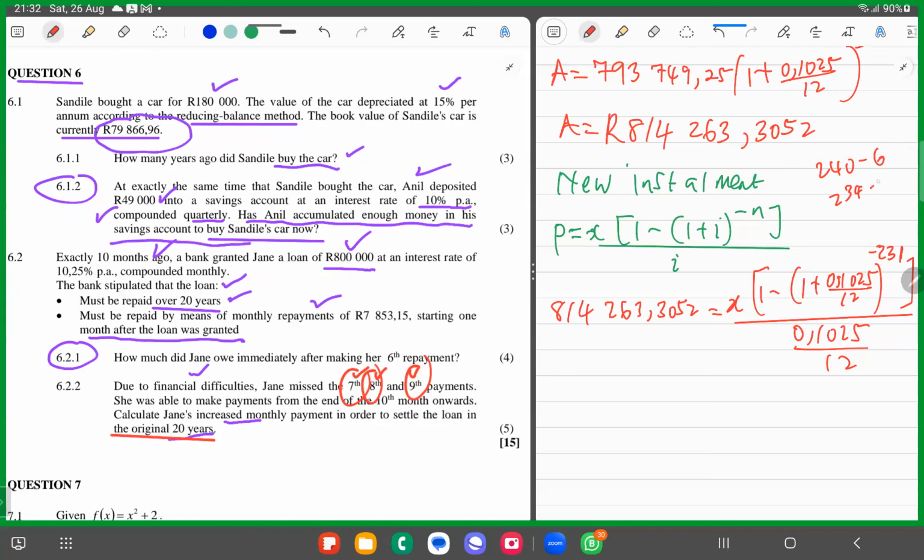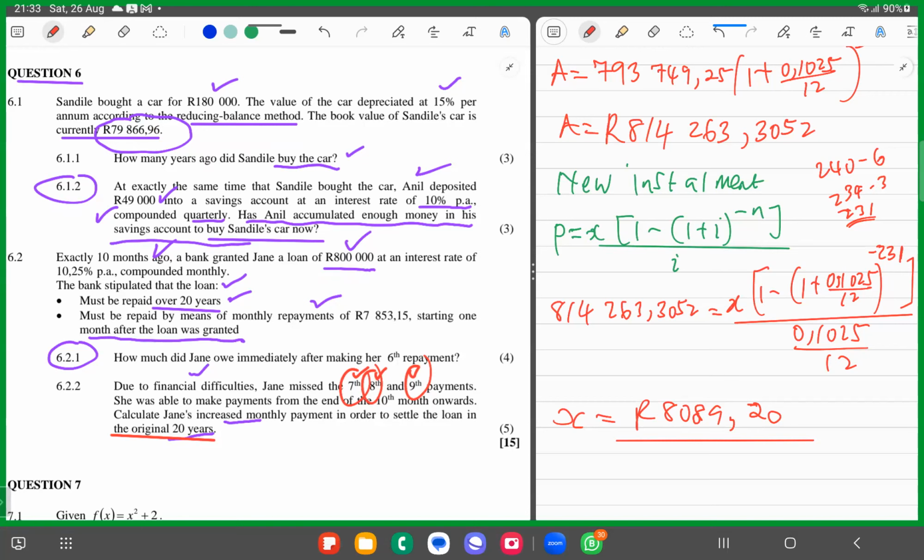And now we have 3 omitted payments, and then it becomes 231, for x, which is exactly 8,089 rand and 20 cents. So these will be the increased payments.